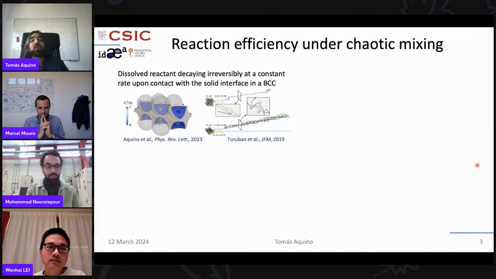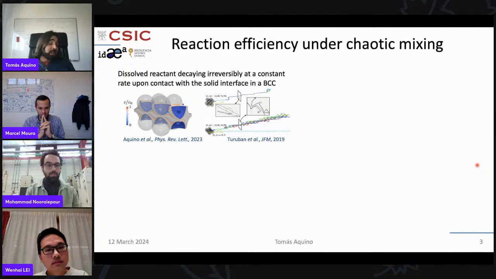Our goal was to look into the effect of this kind of efficient mixing dynamics on fluid-solid reactions. We looked at a simple fluid-solid reaction setup. We just have a single dissolved species in the fluid phase, which can react at a constant rate, but only when it comes into contact with the solid, so at the fluid-solid interface.